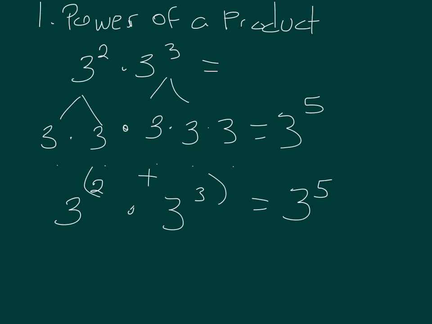I'm sorry, it is the power of a product. This rule, when we are multiplying bases, we add the exponents. So the power of a product, add your exponents. In this case, we get 3 to the 5th. The rule is the power of a product.